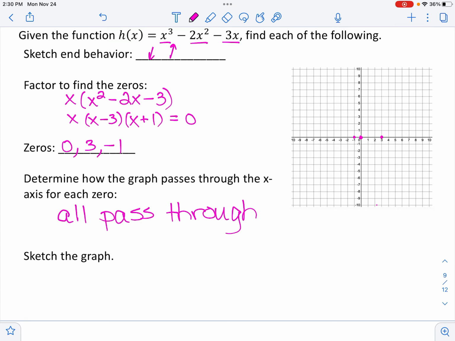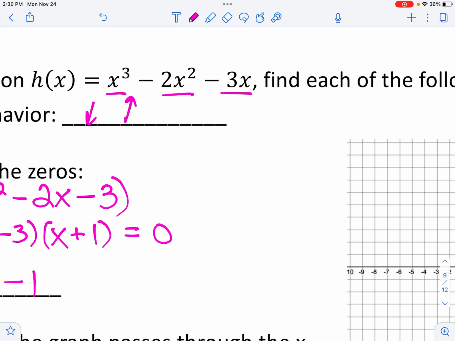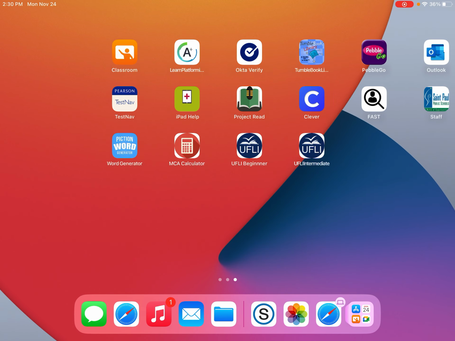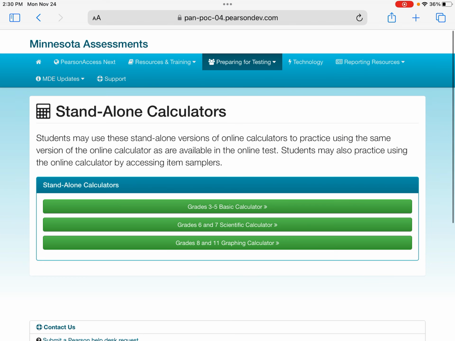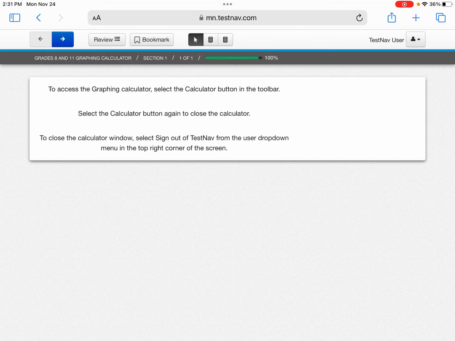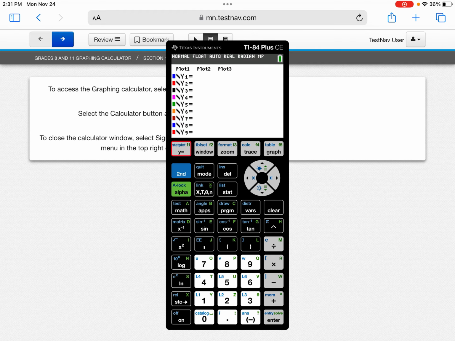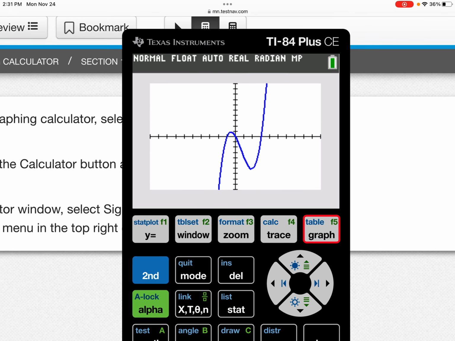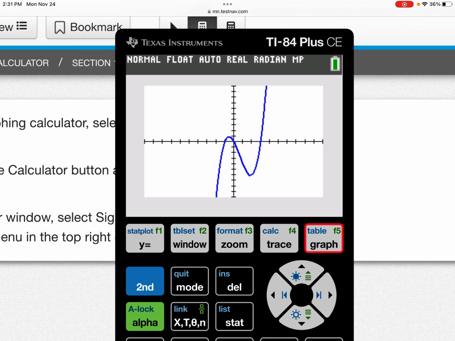So let's do it. Let's try it. X cubed minus 2x squared minus 3x. Okay, it should cross at -1, yup, 0, and 3.